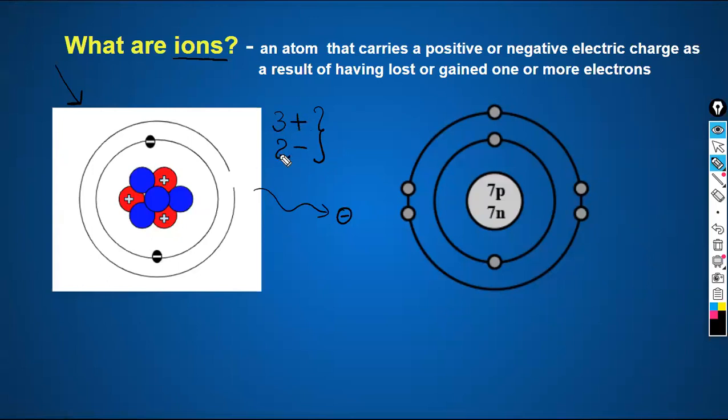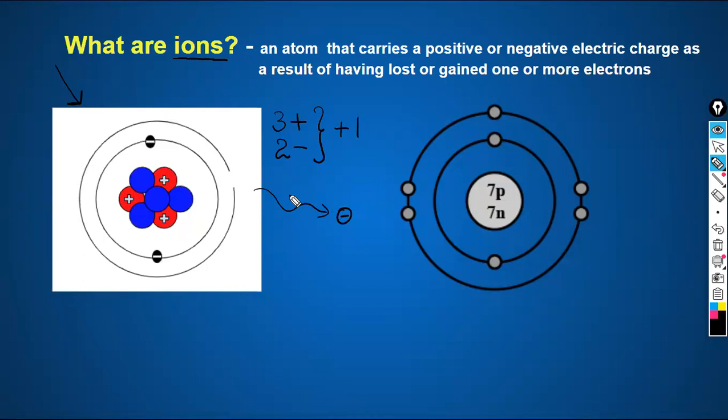Because it has 3 positive and 2 negative, the overall charge will be positive 1. But you can do the maths: 3 minus 2 is positive 1. You all notice that it is not neutral. Again, the overall charge is positive, and not just positive, positive 1.